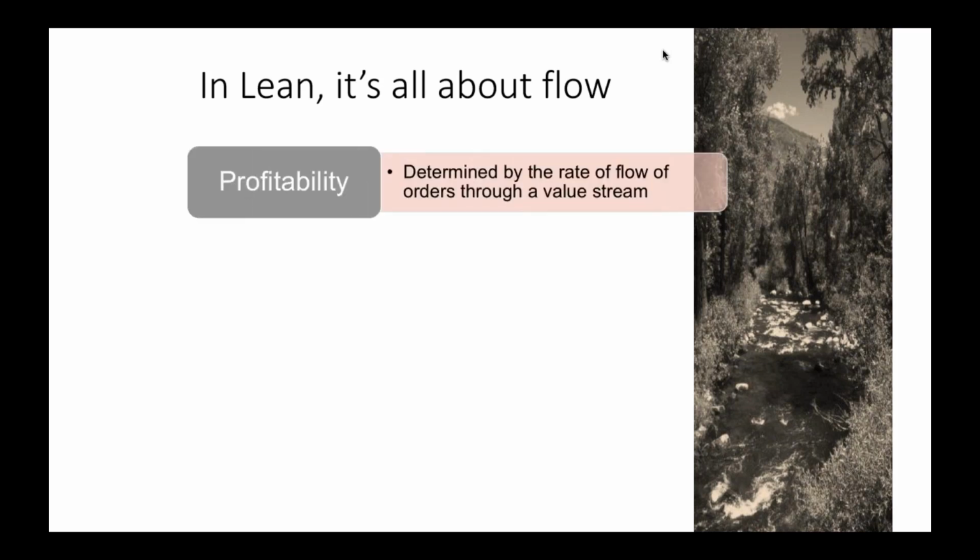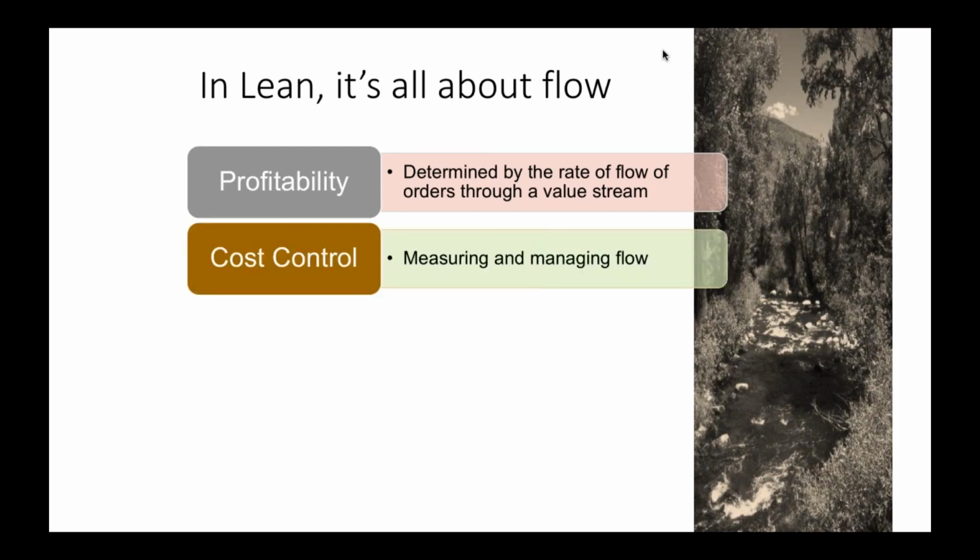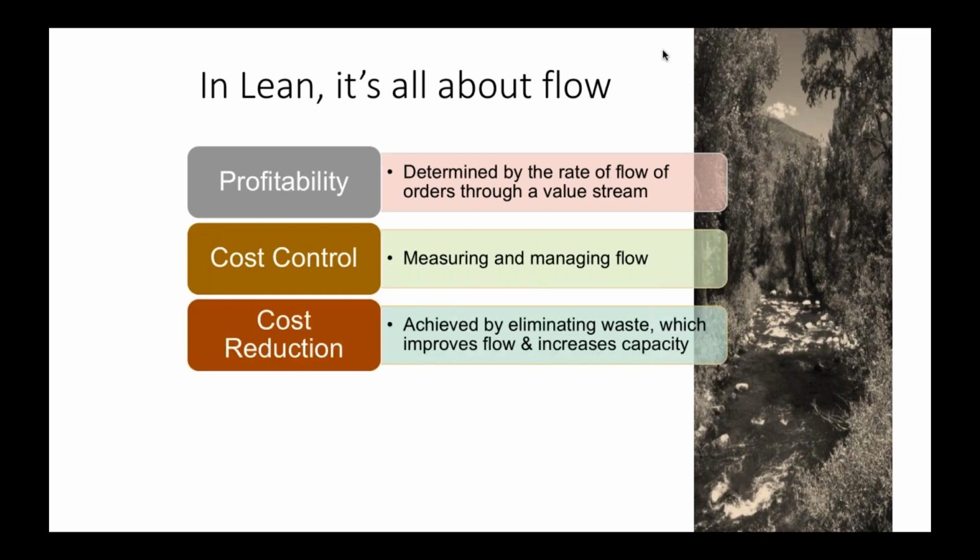The profitability of a business, a lean business, or the profitability of a value stream in a business is determined by the rate of flow of orders through the value stream. Cost control. Measuring and managing flow is how you control costs. Cost reduction is achieved by eliminating waste.